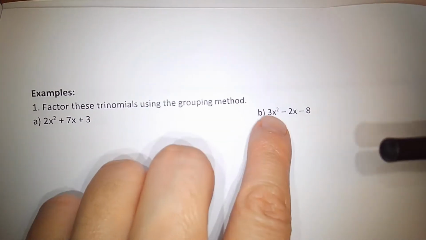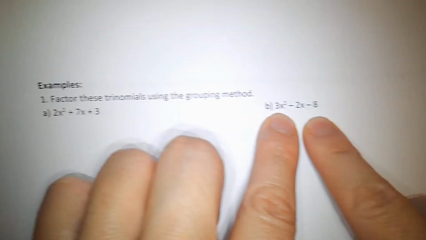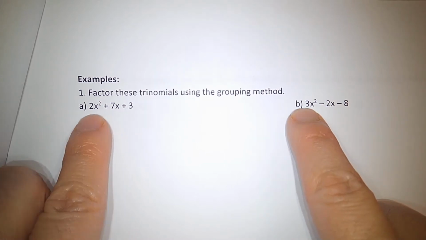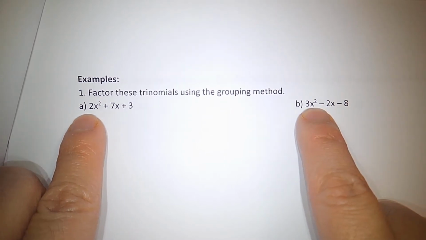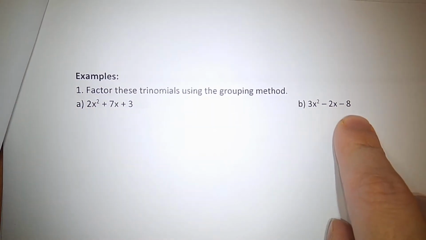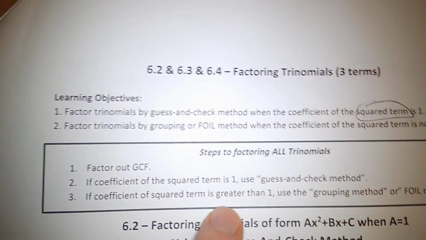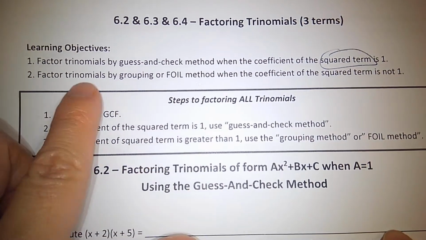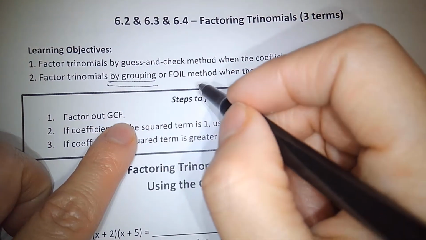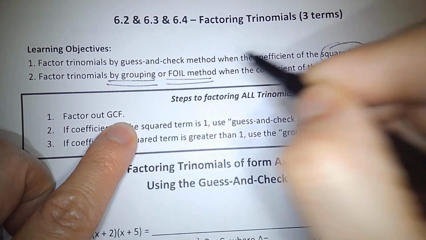Okay, see the example. This is a trinomial. This is a trinomial. So how about the coefficient of the square term? They're not 1, okay? So how do we factor trinomials that look like this? We are going to learn two methods, okay? One method is called what? The grouping method. The other method is called what? The FOIL method, okay?